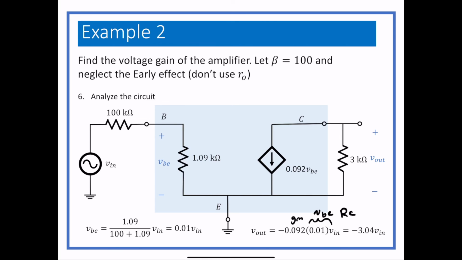So we should have 3K ohms right in there somewhere. Otherwise, I don't see how we would get to 3 without multiplying everything by 3,000.